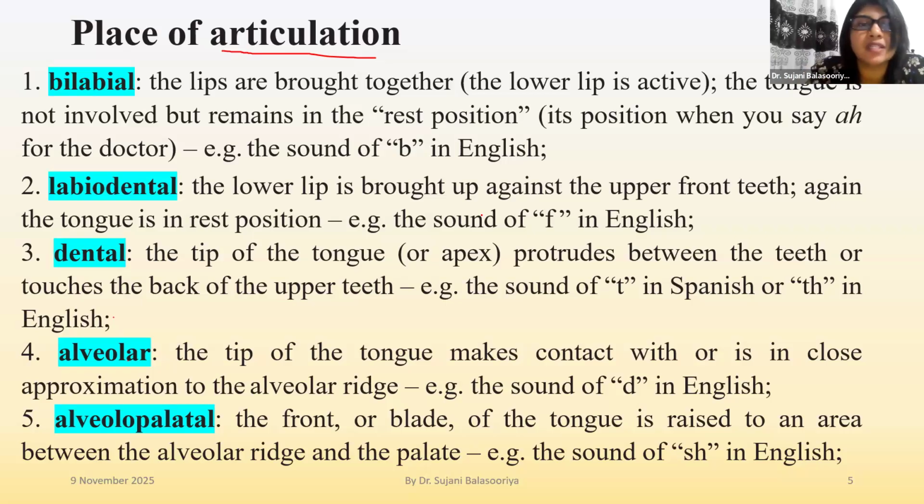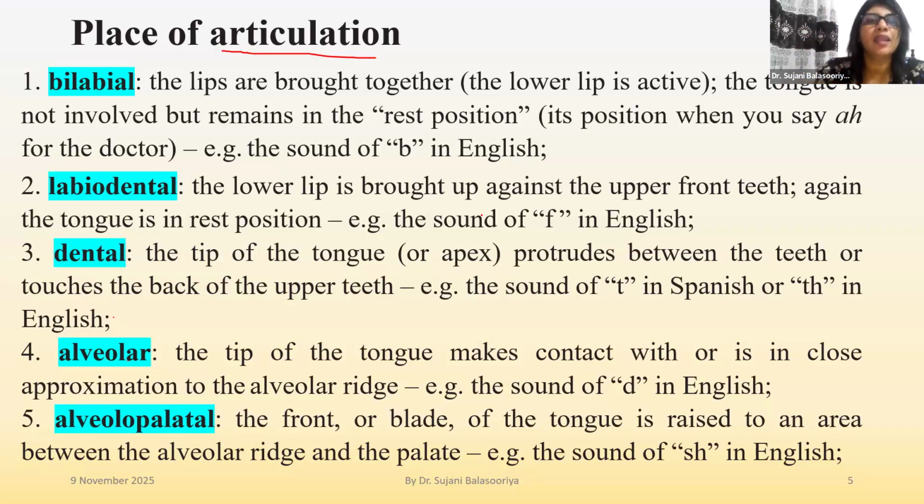Of course we move all these speech organs, but the lower lip is very active. If possible, look at a mirror when you talk. More than the upper lip, it is the lower lip which moves, raising and touching the upper lip. So we say the lower lip is active, not the upper lip.